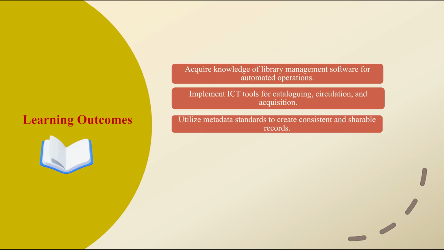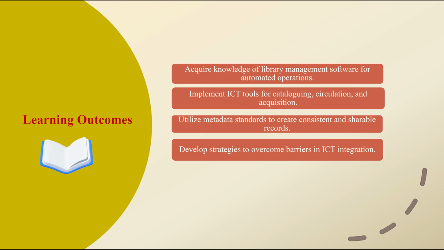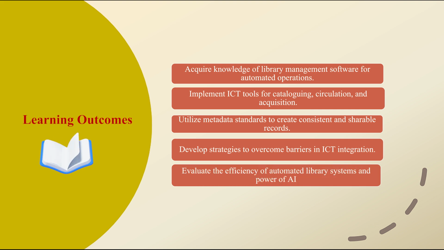Utilize metadata and metadata standards to create consistent and shareable records. Why are metadata standards required? Why should you create a consistent record? Develop strategies to overcome barriers in ICT integration, and evaluate the efficiency of automated library systems and the power of artificial intelligence.